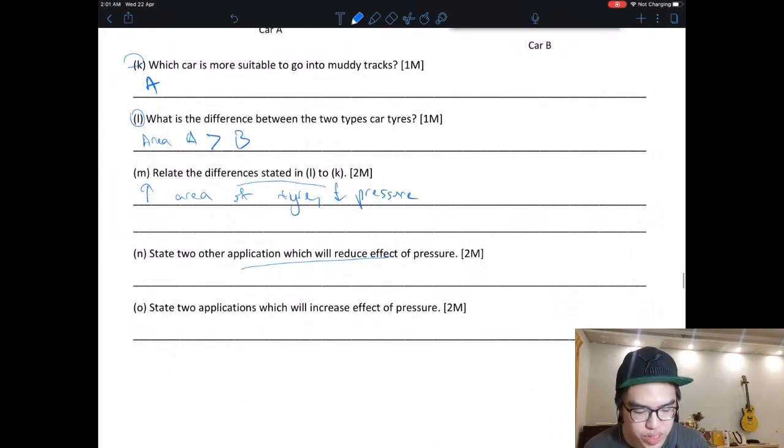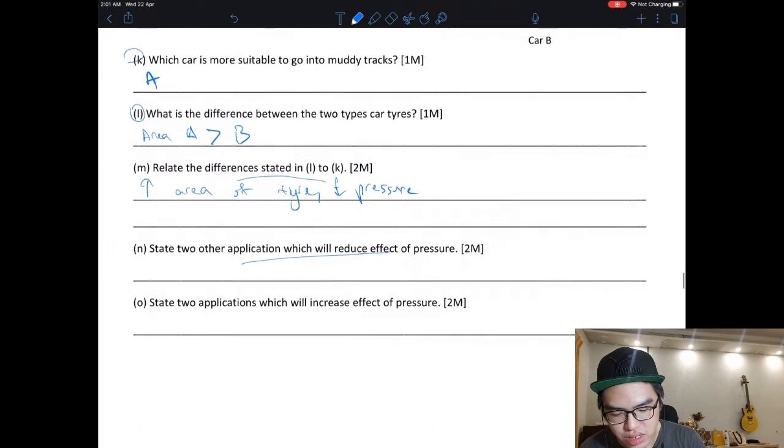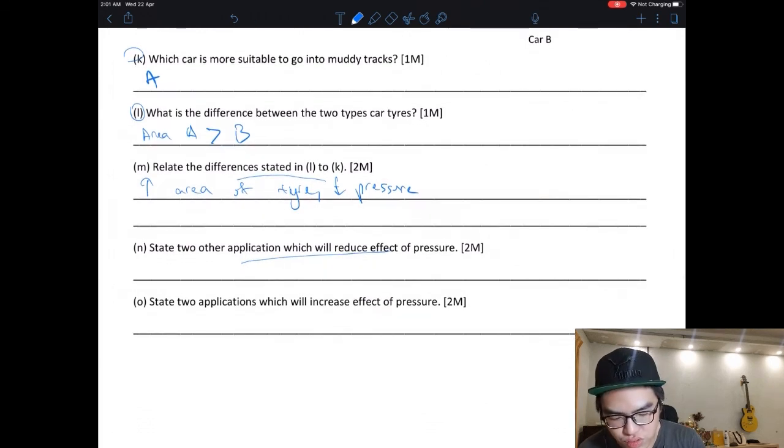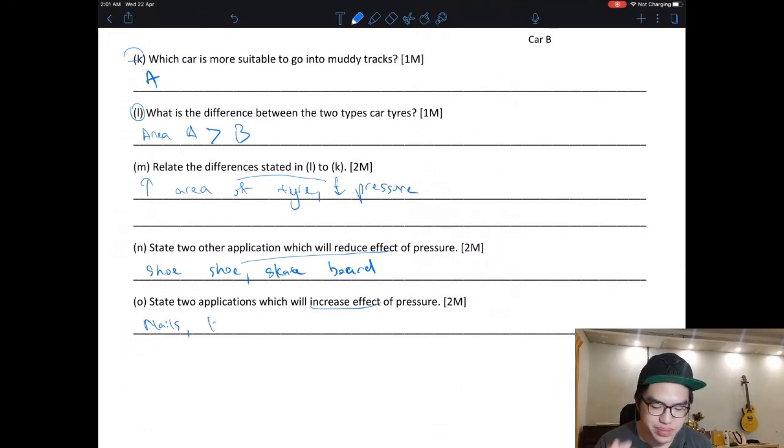When do you reduce your pressure? You don't want high pressure, it's not just tires. Snowshoe, skateboard. What else? Increase pressure. When do we increase pressure? Nails, knife, and so on.